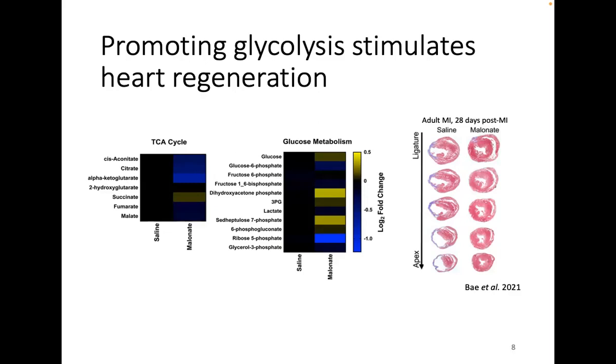However, in animals treated with malonate, with succinate dehydrogenase competitively inhibited, you can see there's a little scar right by the suture. In the rest of the left ventricle, there is little to no sign of any damaged tissue, showing that when we could promote glycolysis, we could in fact promote heart regeneration. So this work done by that former postdoc in lab really gives credence to the idea that when we can reverse that metabolic switch, we can promote heart regeneration.